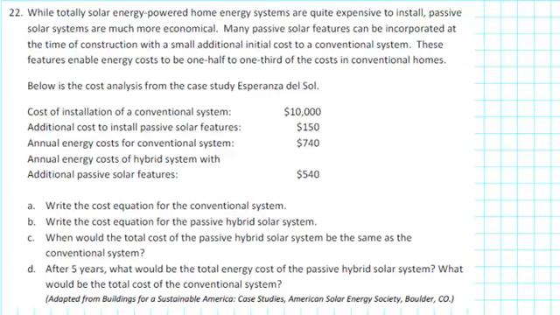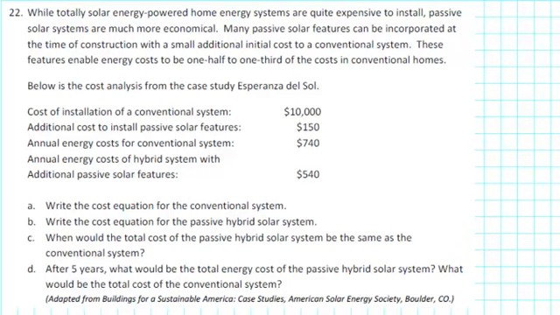A. Write the cost equation for the conventional system. Let's first of all identify the costs that are involved. The cost of installation of a conventional system is $10,000. The additional annual energy costs for the conventional system are $740 per year.